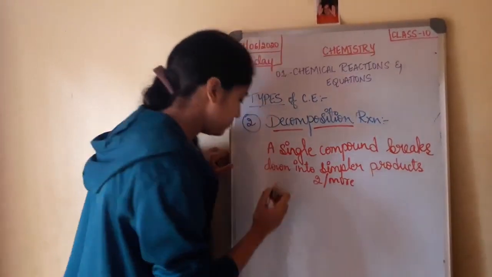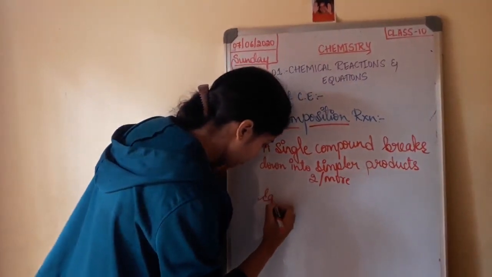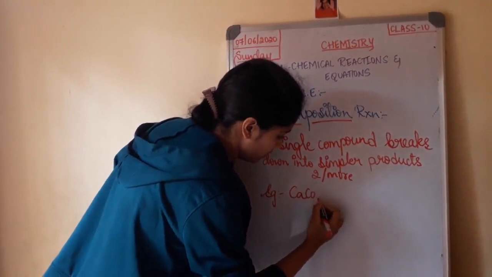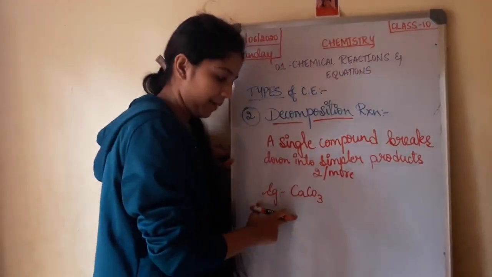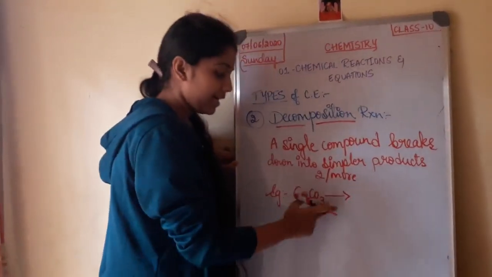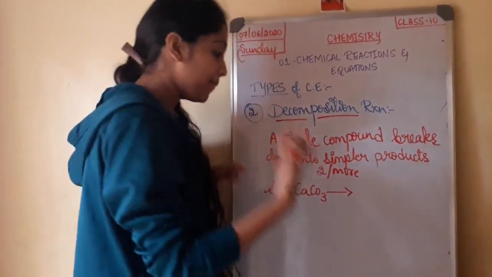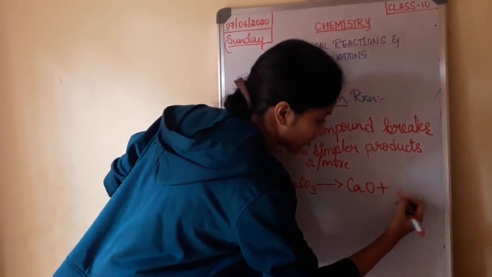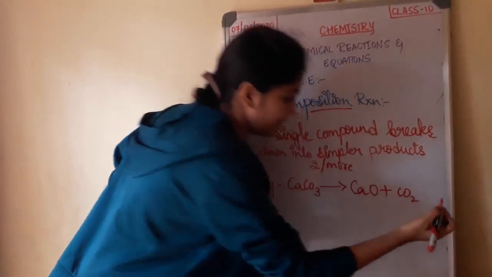Now, one very simple example of the decomposition reaction is calcium carbonate. Calcium carbonate is a single compound that is breaking down into calcium oxide and carbon dioxide.